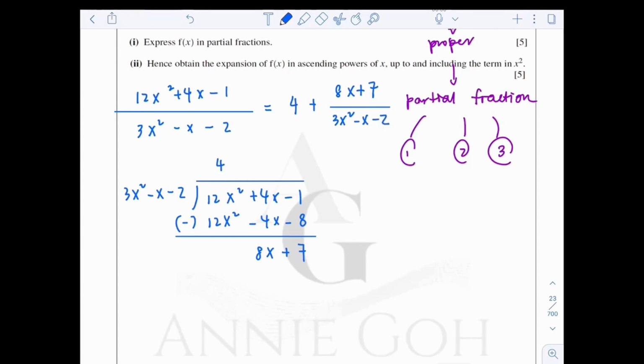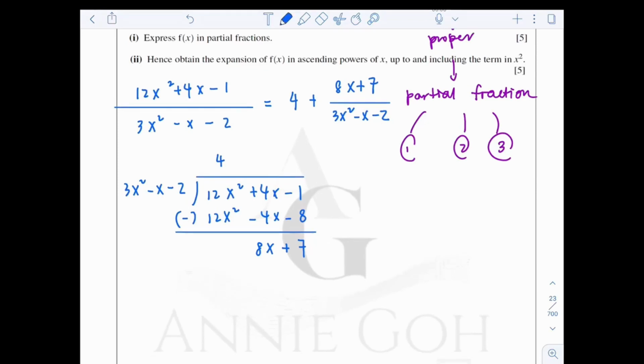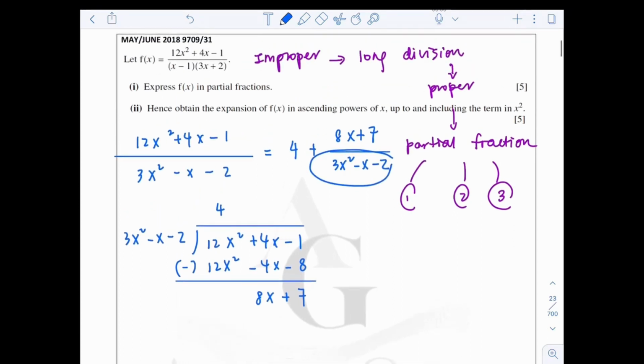Now we notice that this fraction becomes a proper fraction, because the power of the upper part becomes 1 and the power of the bottom part is 2, so 1 over 2. When it becomes a proper fraction, then only we start doing the partial fraction. For the denominator, we need to factorize it back to the original form.